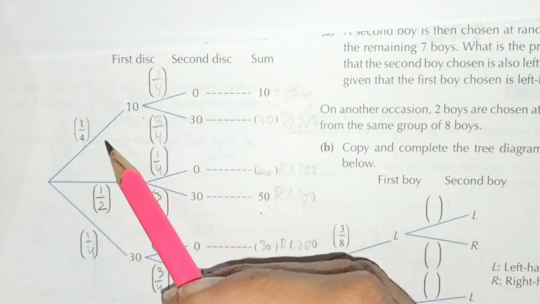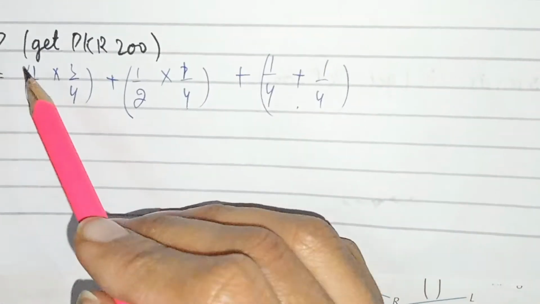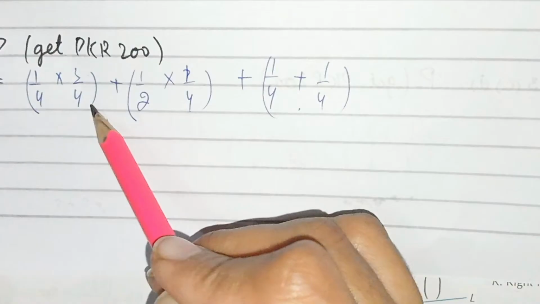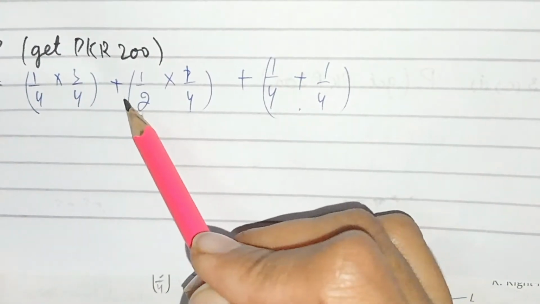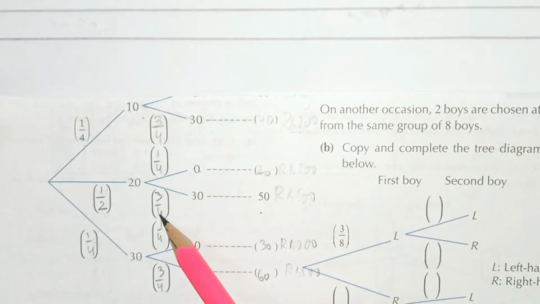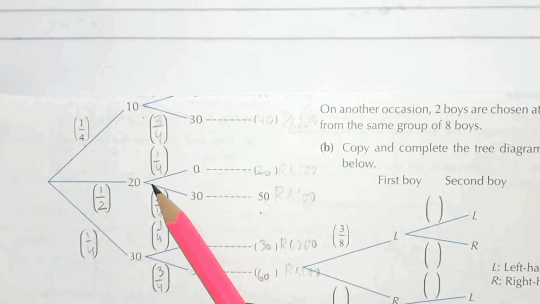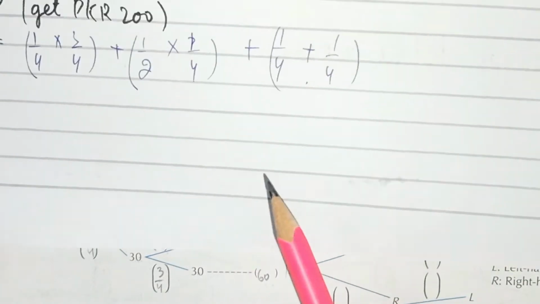This is for rupees 200. For this, I write 1 by 4 times 3 by 4, or probability may be 1 by 2 and 1 by 4, and this one is also a probability for 200.